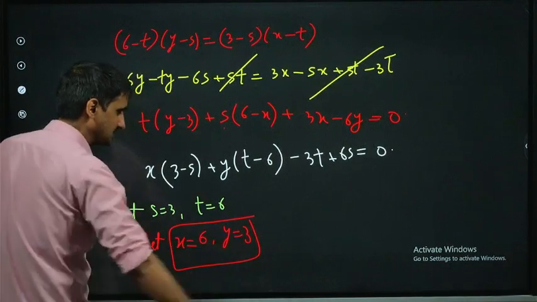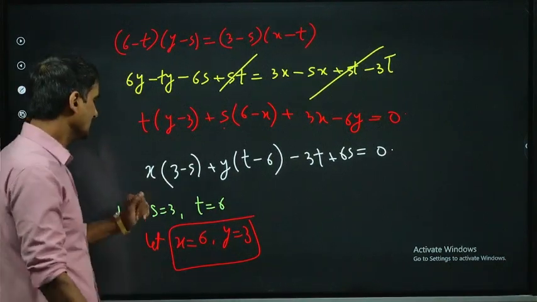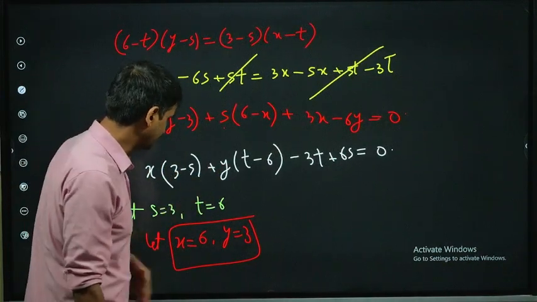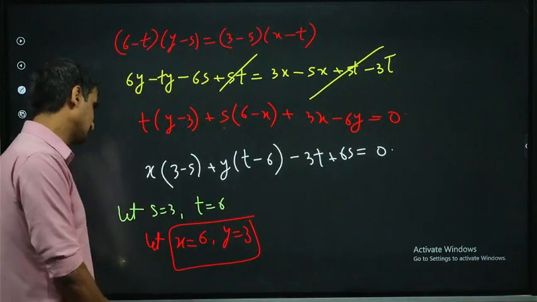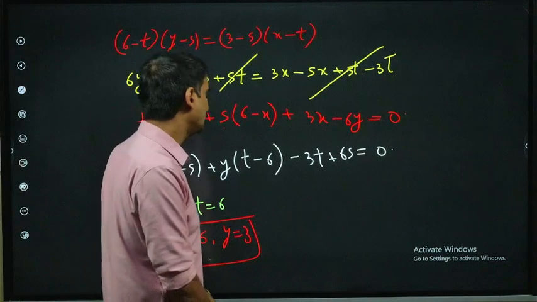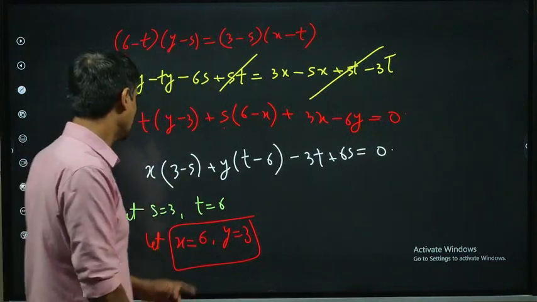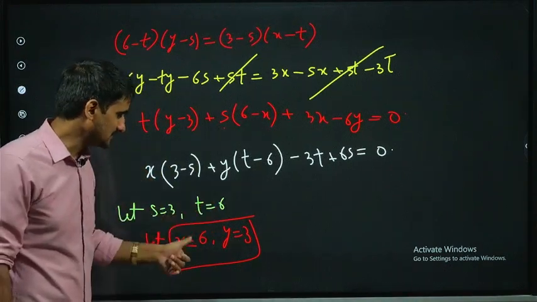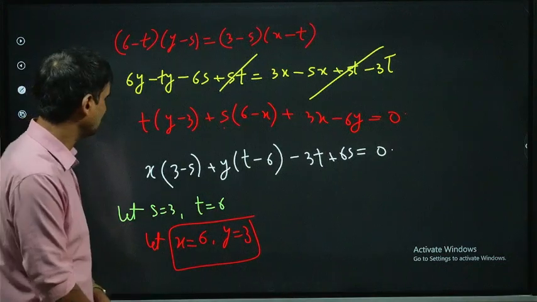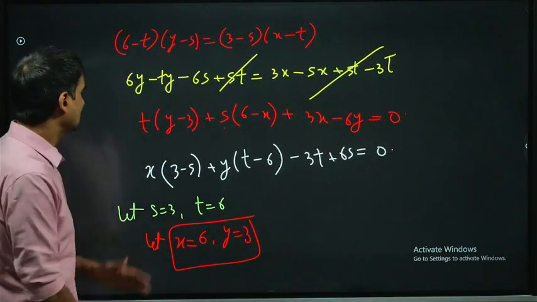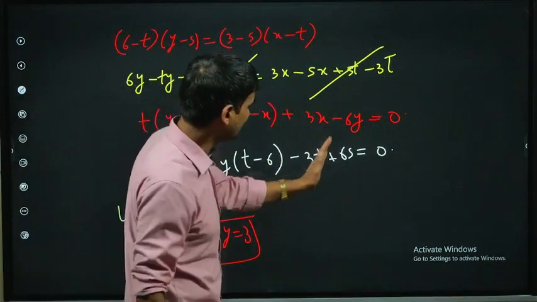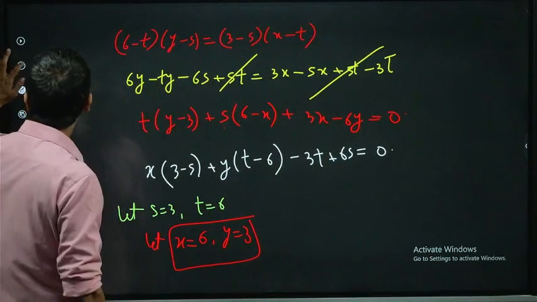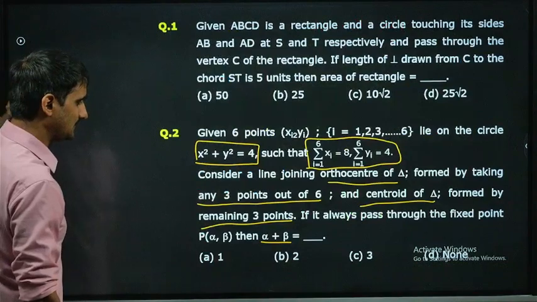Now let's check whether it satisfies the equation or not. 18 minus 6s, and then 3t minus 3t is gone, 18 minus 18 gone. For s equal to 3, t equal to 6, we will get the answer, minus 18 plus 18. So the fixed point is 3 comma 6.